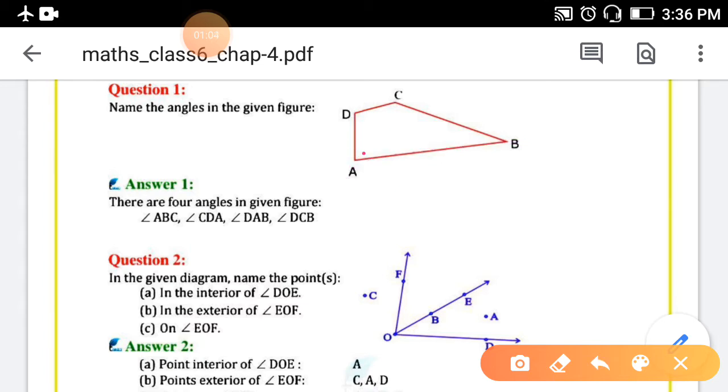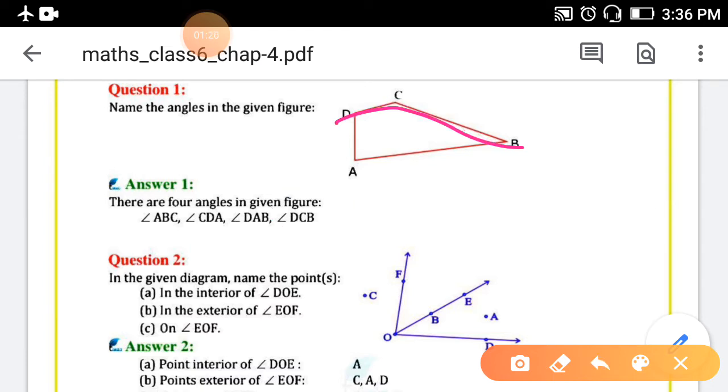Angle B, that you can write ABC. Then angle C you can write BCD or DCB, that is written here.